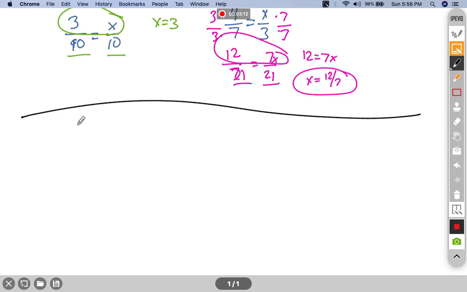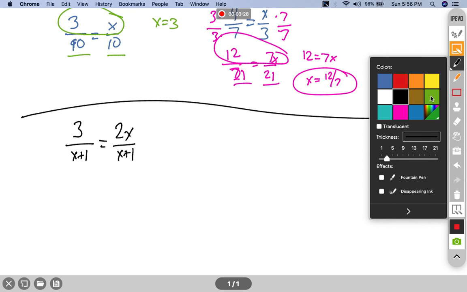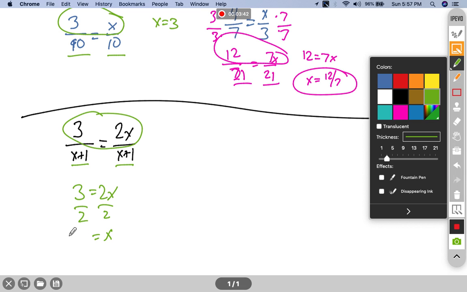So if I were to come along with 3 over x plus 1 equals 2x over x plus 1, I could come back to my same thing and say, oh, look, denominators are equal, so the numerators have to be equal. 3 equals 2x, so x equals 3 halves, or 1.5.